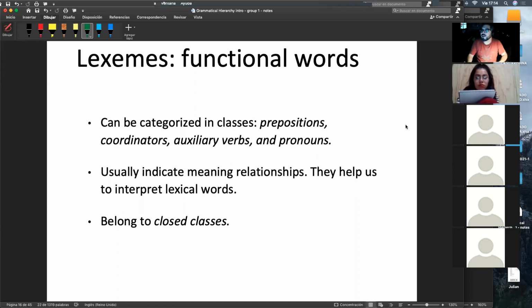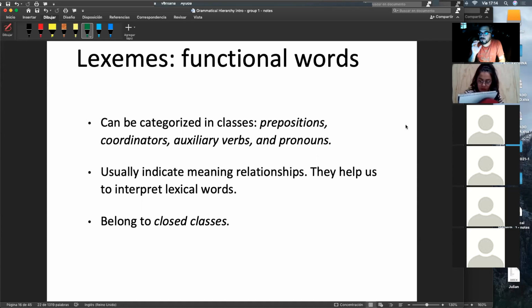So one idea in which you can understand it is the following: lexical words are the most important ones, right? Because they are the main carriers of meaning. And functional words are placed in the middle just to glue them, just to make them more cohesive. So they are in a secondary position.